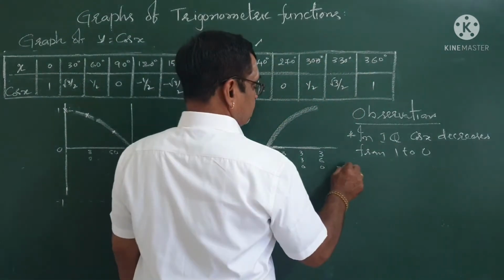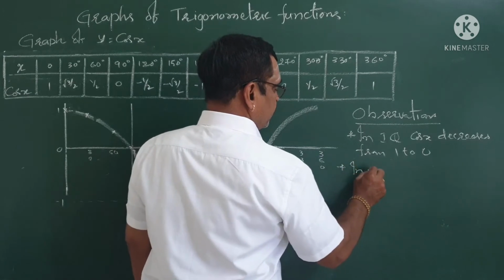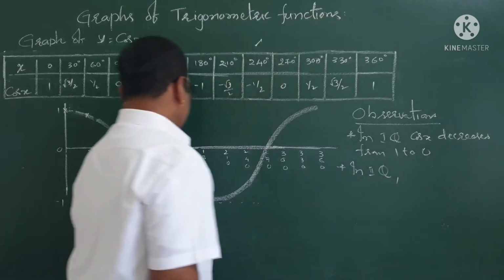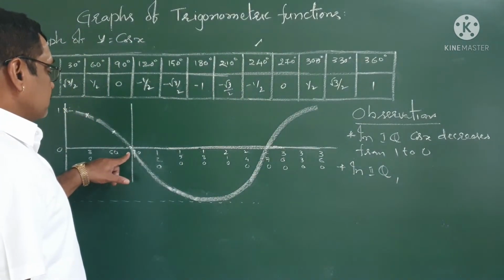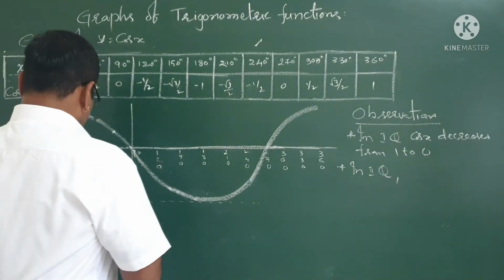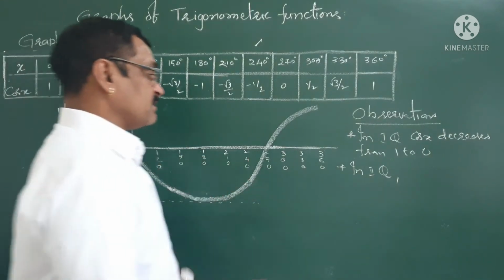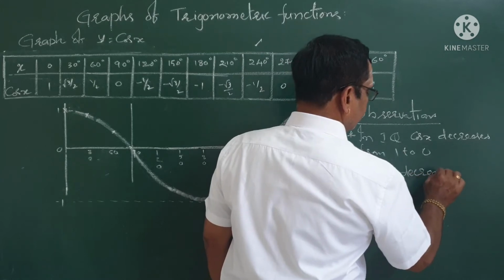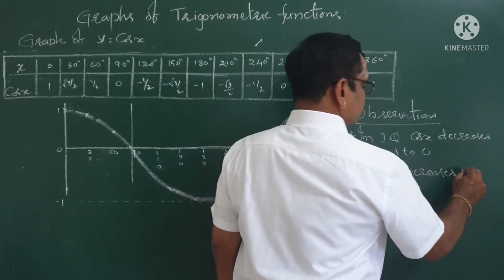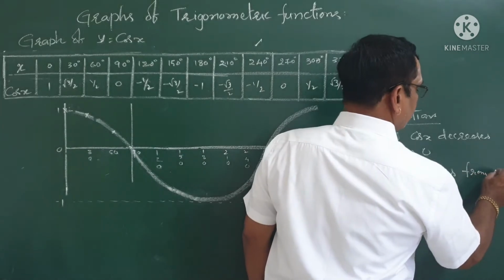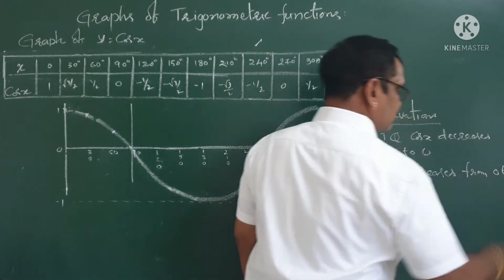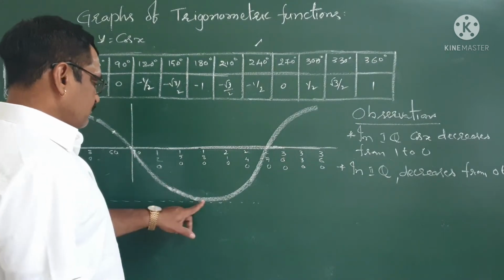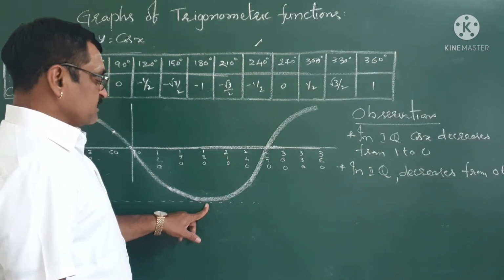Whereas in the second quadrant, same thing, the cos x graph further decreases from 0 to minus 1, coming down. After coming to 180, at 180 it is minus 1.